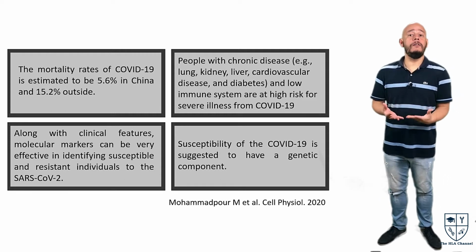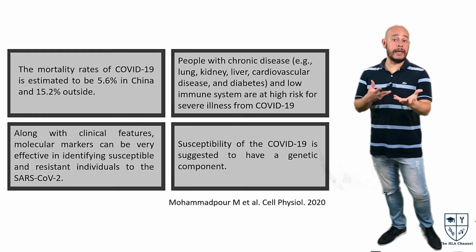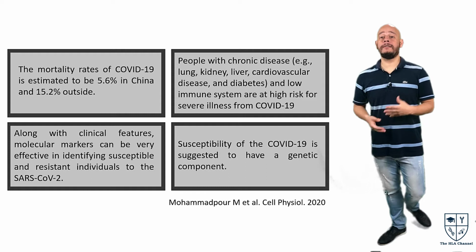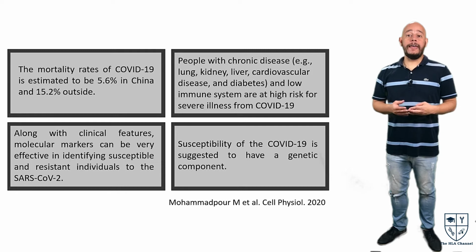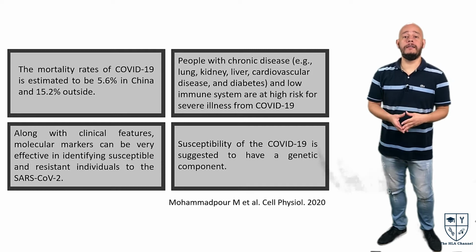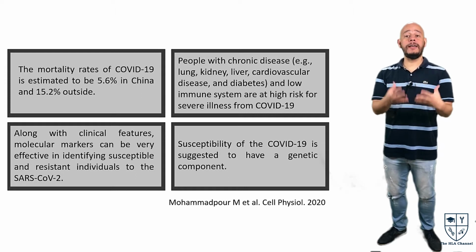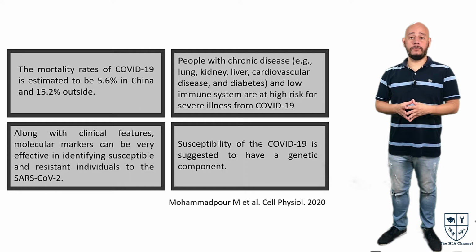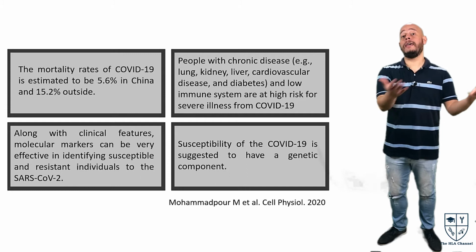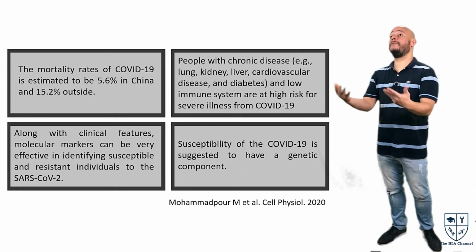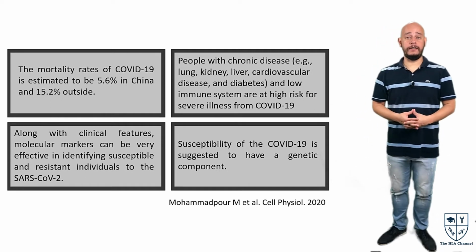People with chronic illness, for example, in the lung, kidney, liver, cardiovascular disease, and diabetes, and with compromised immune system are at high risk for serious illness. And of course, molecular markers can be very effective in identifying susceptible and resistant individuals to SARS-CoV-2. HLA tests are cheap and fast, so why not use HLA tests to identify people with a higher risk of COVID-19 infection?